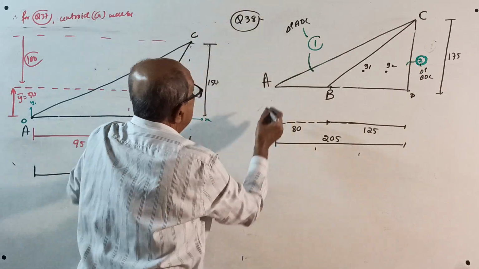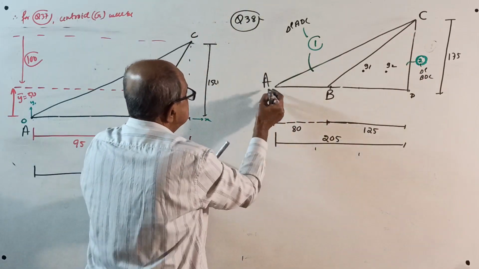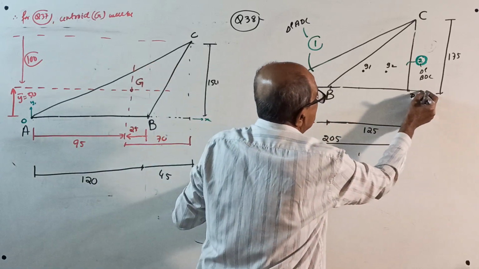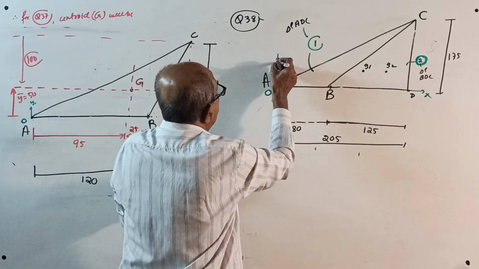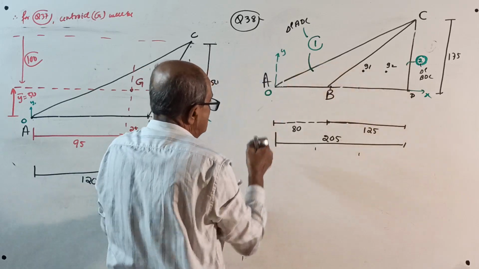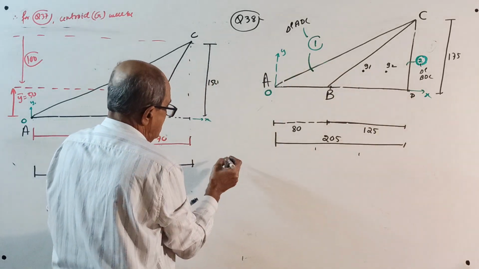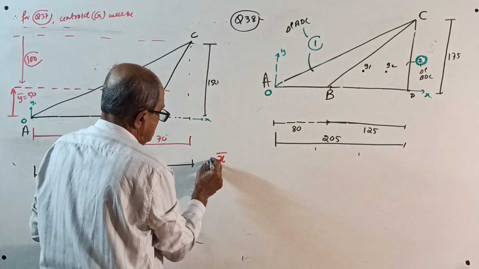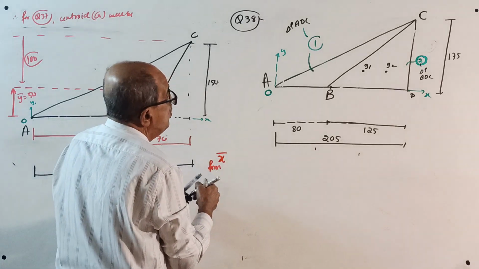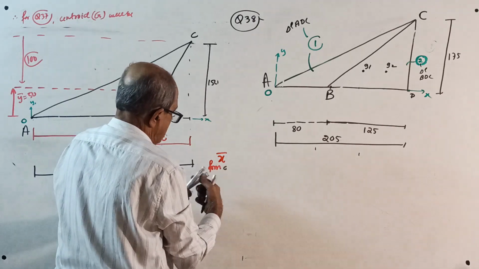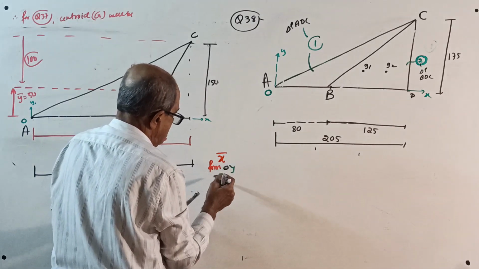Okay, start. Origin O here. This is X. This is Y. Now, first I will find X bar from OY, to the right side.